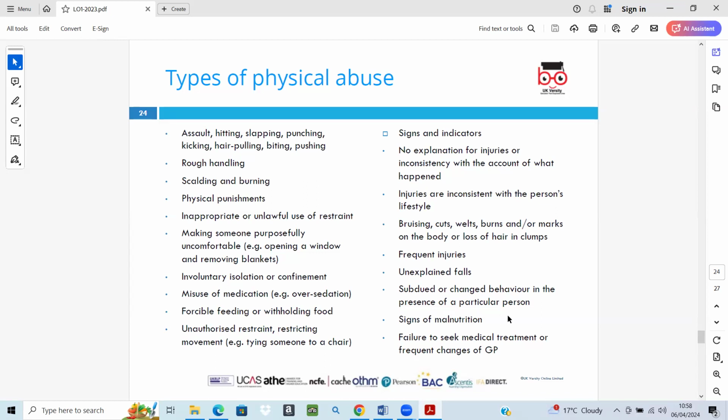It is very crucial for us to be proactive in recognizing and addressing physical abuse to ensure the safety and well-being of those in our care. And if you see any issue or any concern, then we should report it.